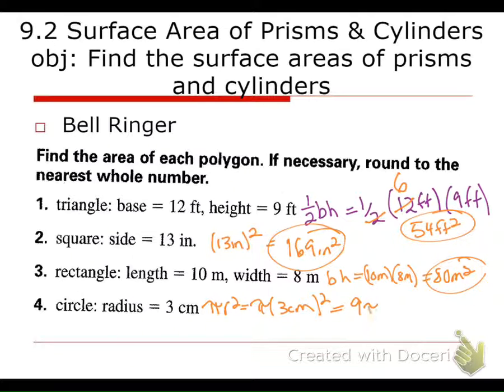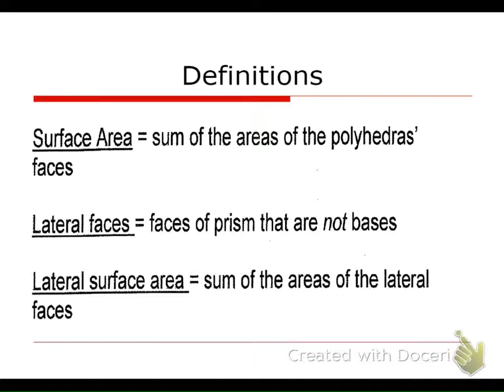So 9 pi centimeters squared. You can give me a decimal approximation of that. So you can use your pi button. 9 times pi is? 28.27 centimeters squared. Excellent.